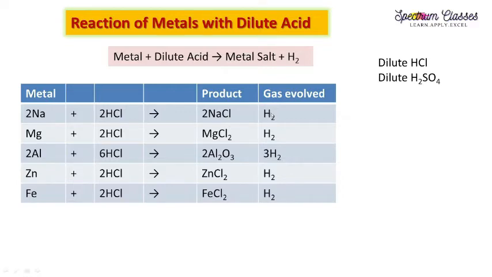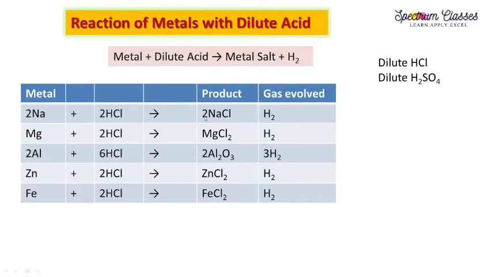If H2 is evolved, how are you going to get this H2? You multiply the HCl by 2, so that you will get H2. Now you have 2Cl, so for balancing we always use these multiple numbers.